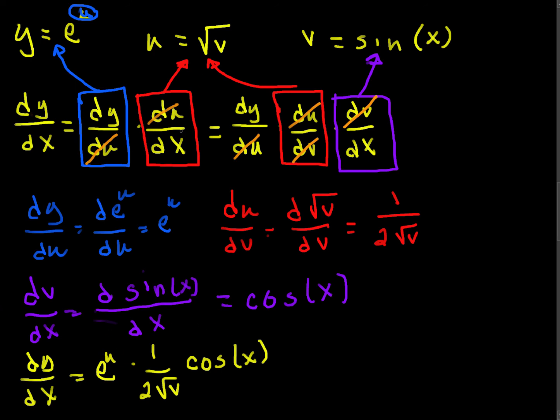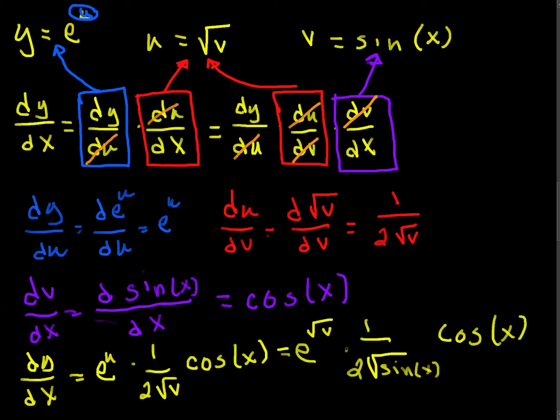Well, just substituting everything in, this is equal to e, so u is equal to root v, times 1 over 2 root v, but v is sine of x, so this is root sine of x times cosine of x.